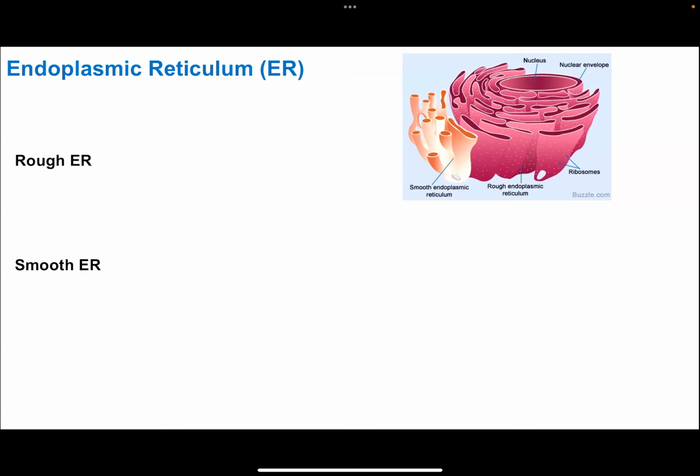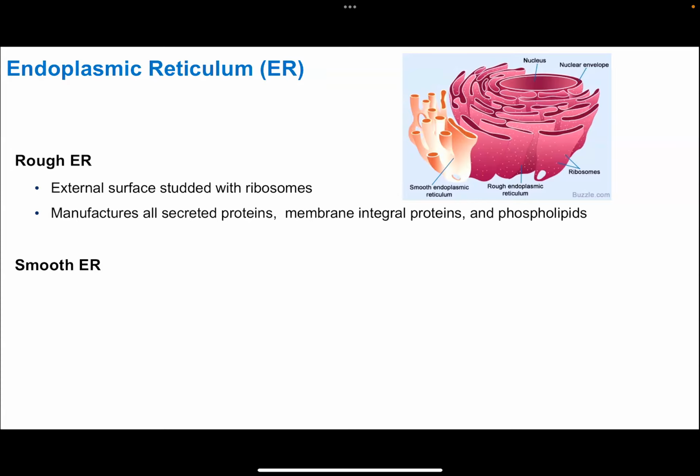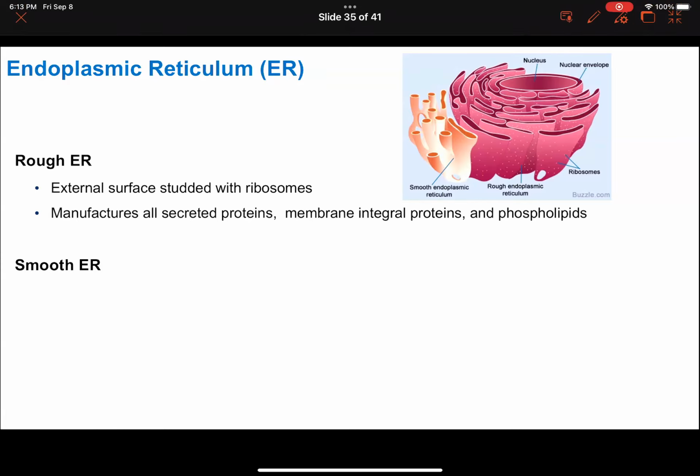So going back to the endoplasmic reticulum, which again, the outer membrane of the nuclear envelope basically continues on to form the endoplasmic reticulum. So we have the rough endoplasmic reticulum, which is this one here in this image, the pink. And it's rough because it has ribosomes all along the outside of it, or along the external surface.